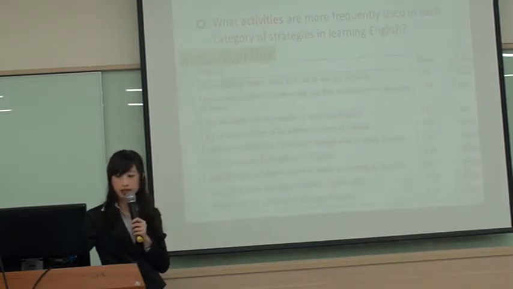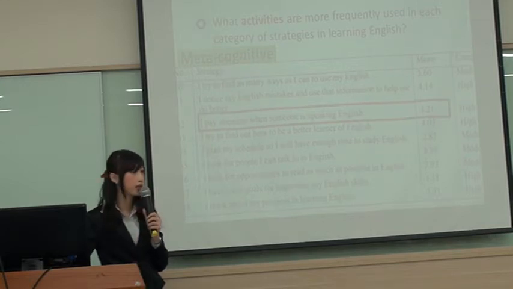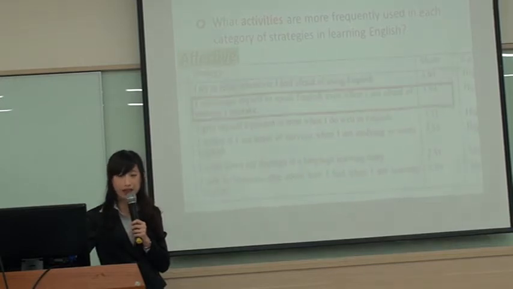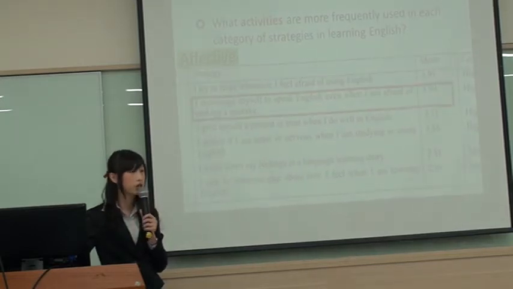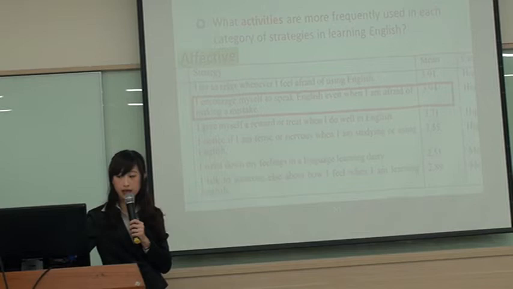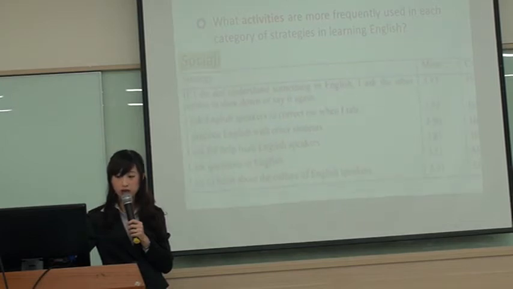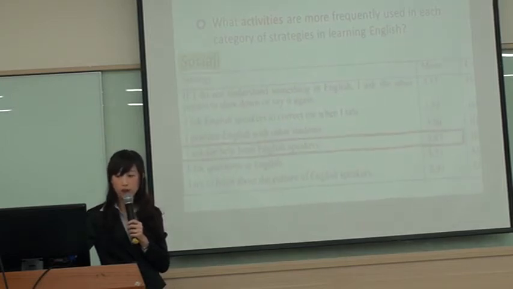And in metacognitive strategy, students pay attention when someone is speaking English. And in affective strategy, students encourage themselves to speak English even when they are afraid of making a mistake. And in social strategy, students ask for help from English speakers.